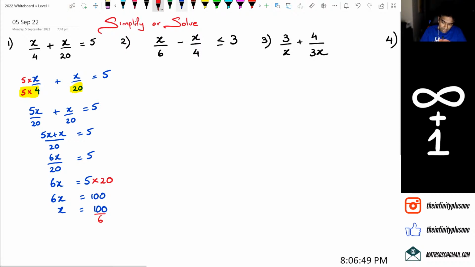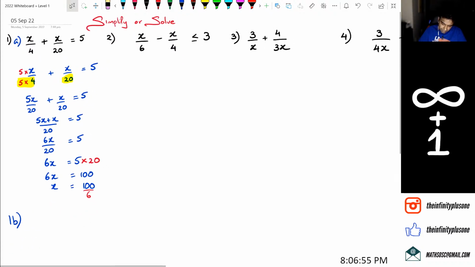Alright, we'll put up another one. We'll call it 1A and 1B. So try this for 1B.